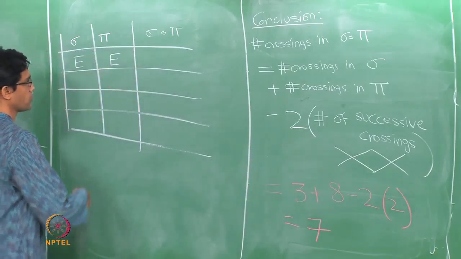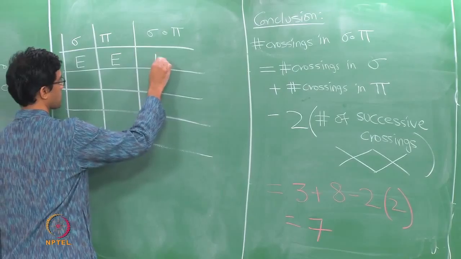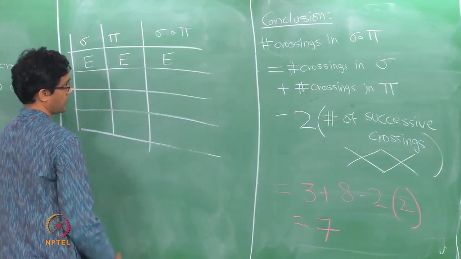So if both sigma and pi are even, then of course the right hand side is an even number.